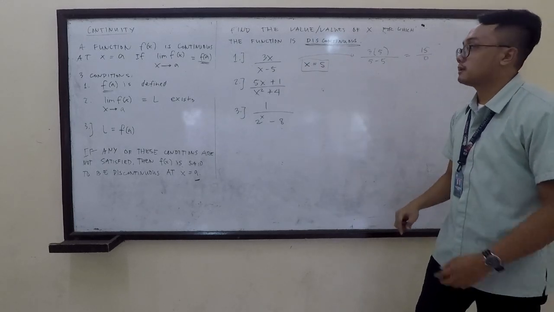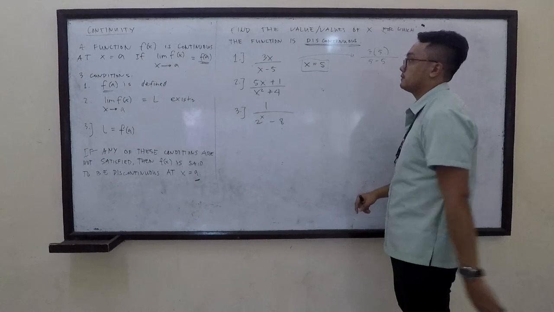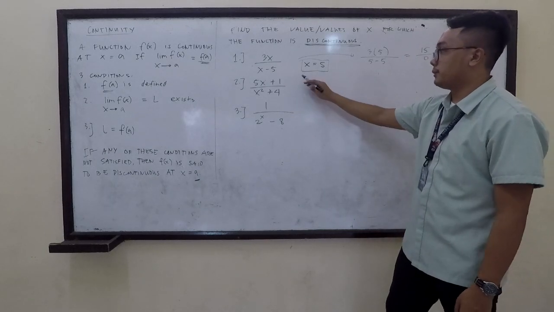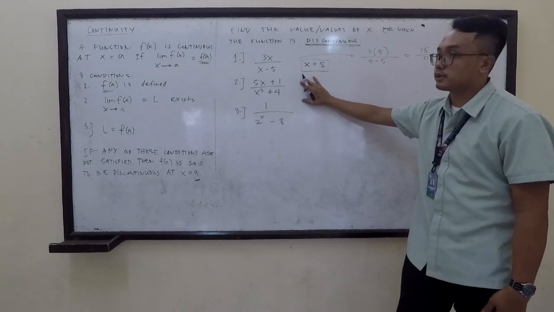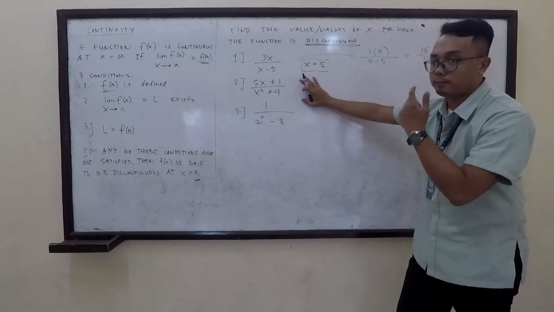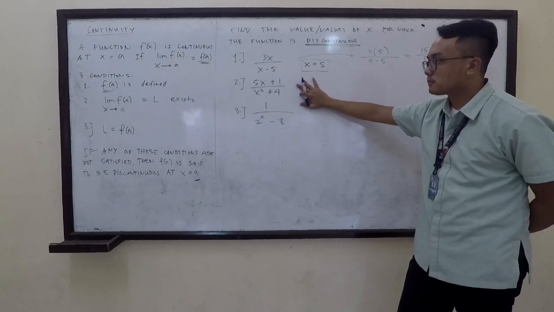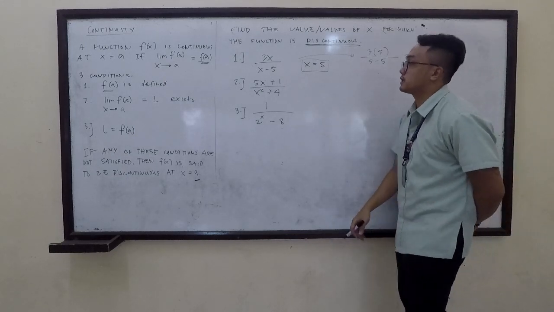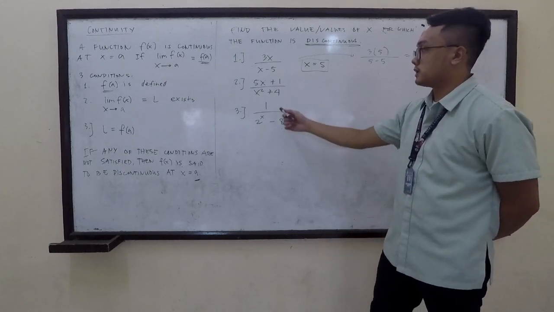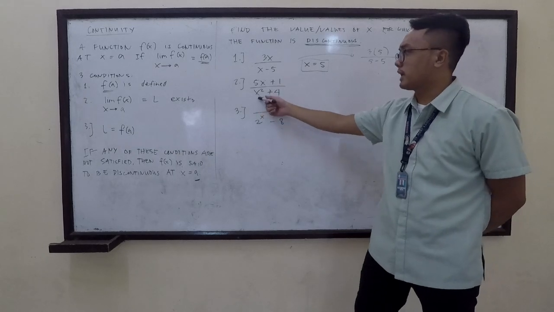So simple lang. Okay, for number 2, actually, we cannot find any values of x that will make this discontinuous function. Because, kung saan ito butang nila, negative ba na ito na?